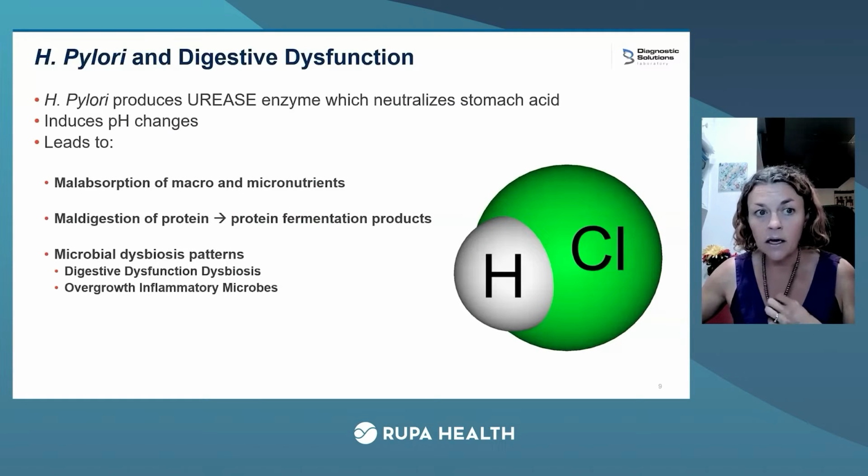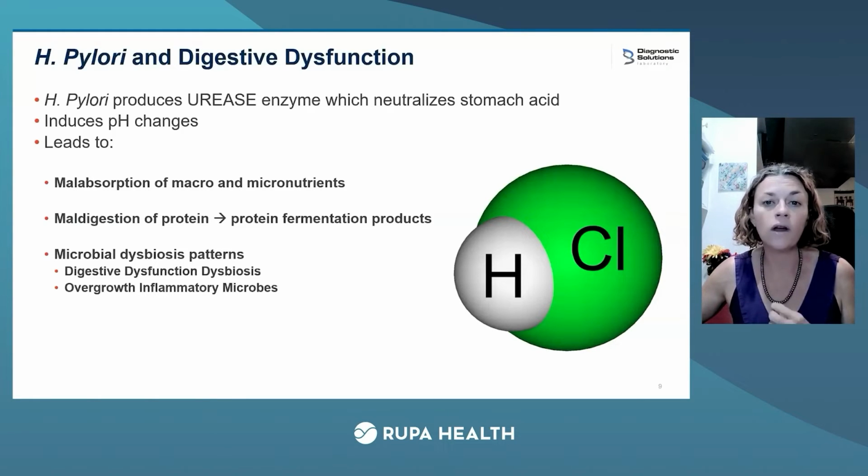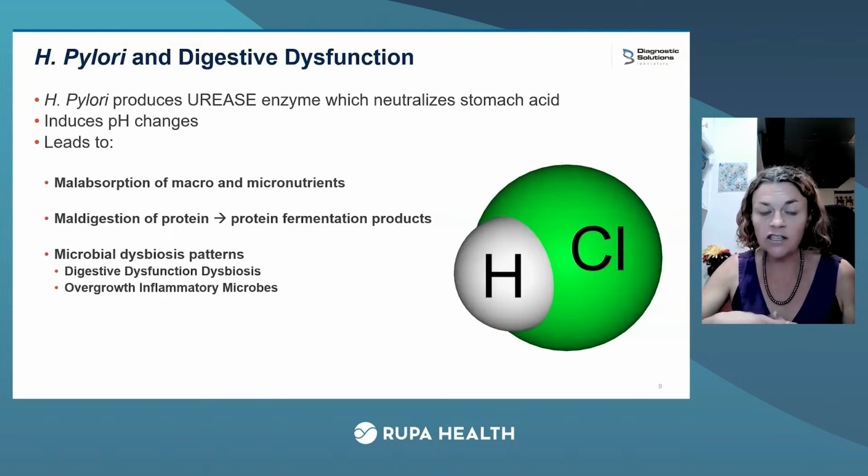Altering stomach acid can lead to a variety of changes, including malabsorption of macro and micronutrients, maldigestion of protein, and then dysbiosis patterns. With H. pylori, we are more inclined to see either or a blend of digestive dysfunction dysbiosis or inflammatory overgrowth dysbiosis. And again, that's largely due to this impact on stomach acid.